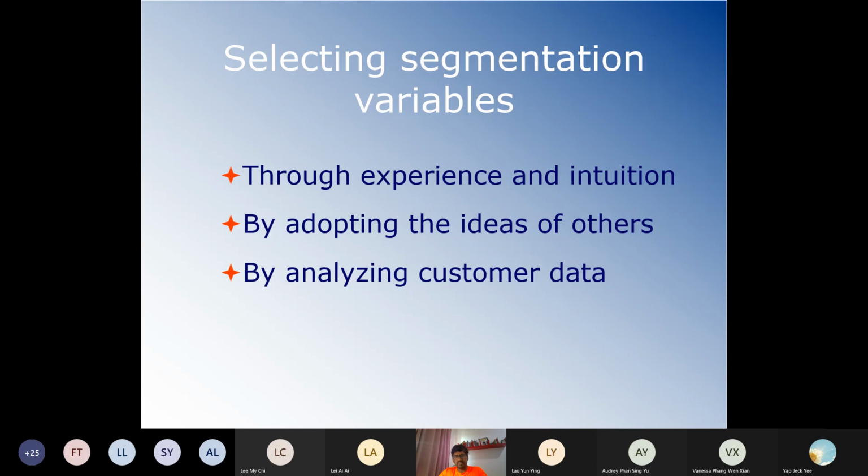Some experienced marketers will tell by intuition, and sometimes it will work out. Some marketers have thorough experience over a particular market, and they'll be able to quickly assess the segmentation, by adopting new ideas from others, and by analyzing customer data.